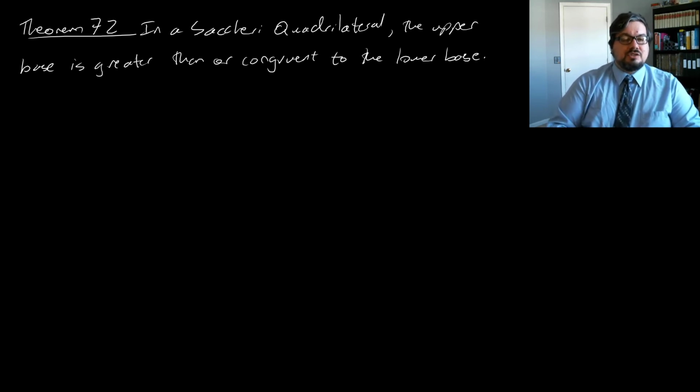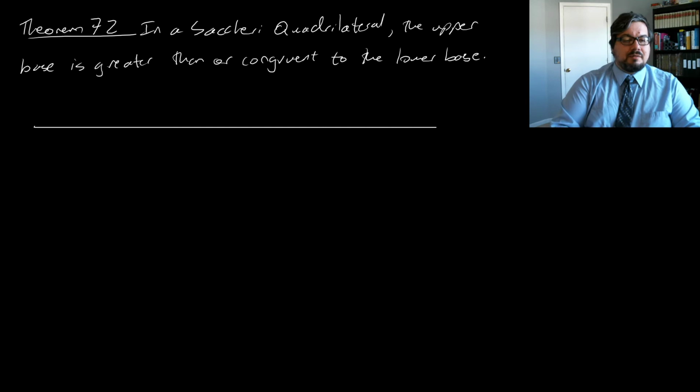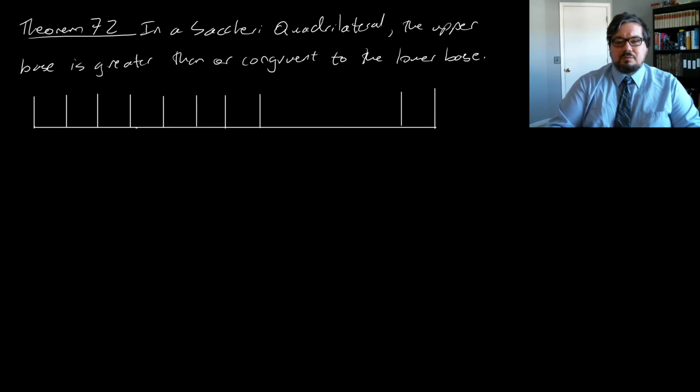So here's the strategy that we're going to take. We're going to really build a whole bunch of Saccheri quadrilaterals that are basically congruent to one another, or where the relevant pieces that we care about are congruent to one another. And then we're going to use the polygonal inequality. All right, let me jump over here.